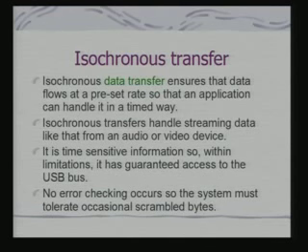In this case, no error checking occurs, because if an error is detected, there would be a requirement of retransmission. But retransmission obviously cannot be ensured if I have really critical deadlines to meet when I am transferring the data. So, that is why with isochronous transfer, typically you do not have error checking, and the system must tolerate occasional scrambled bytes.